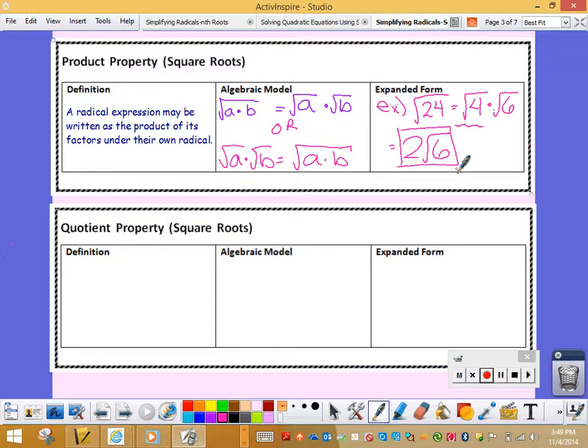Okay, so that's the product property. Now we're going to zoom ahead to the second box here, and we're going to do the quotient property. I'll type that.